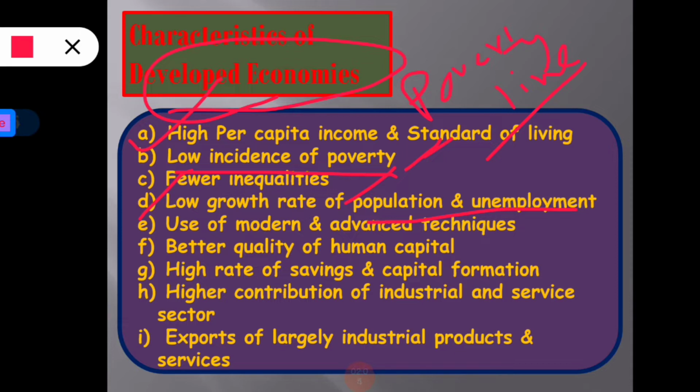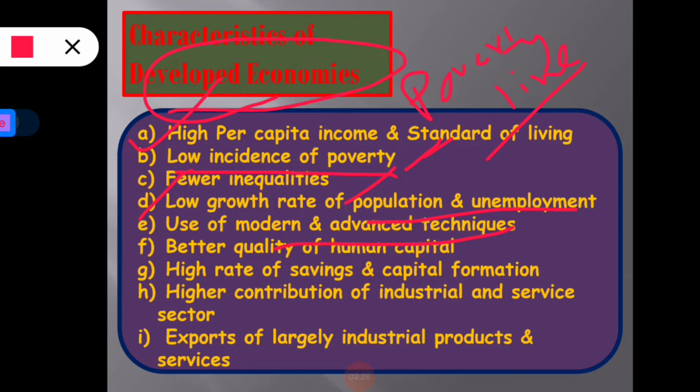So there is no unemployment problem. That means in such an economy there is a higher level of capital formation and savings, and in this economy there is use of modern and advanced techniques, because they have a high degree of technical development.